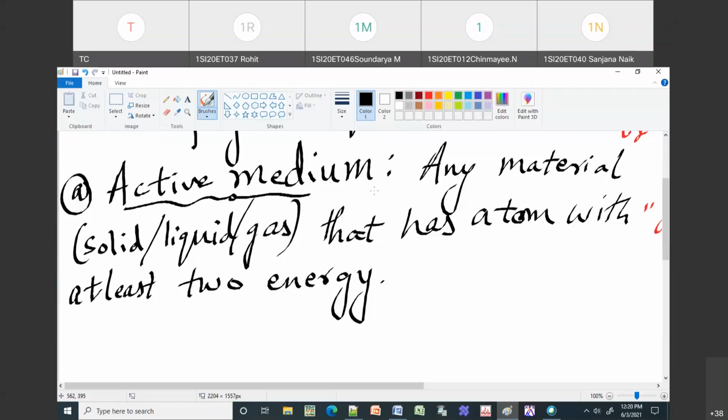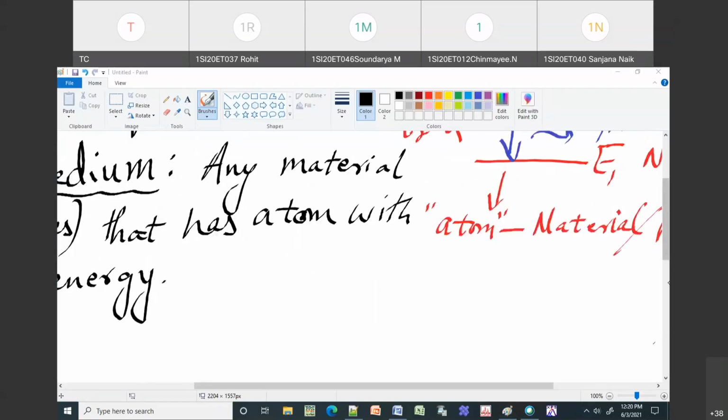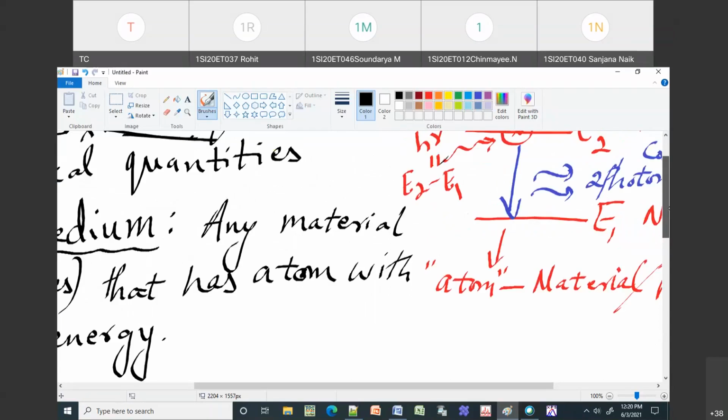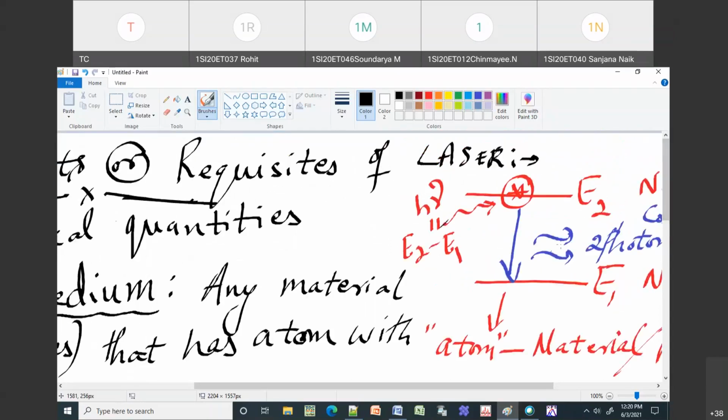Now what is your next requirement? If I have only this material with the two energy levels, I cannot have induced absorption or stimulated emission. To make induced absorption or stimulated emission, I need to provide what we call the external energy. This is the outside energy that you are giving to the system.